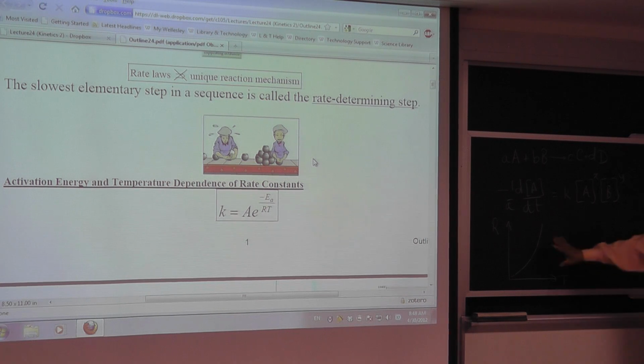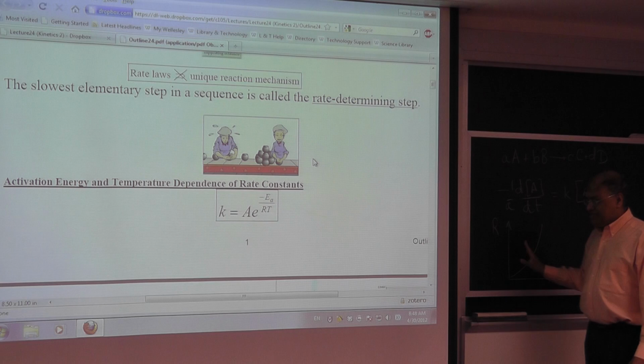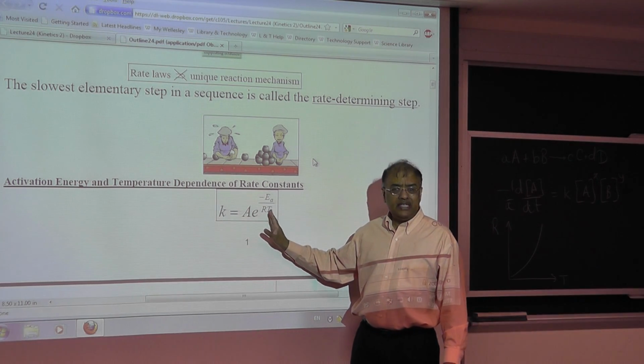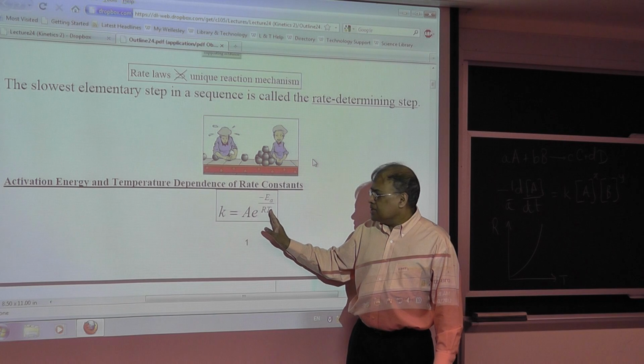So this is what you find typically for a reaction. And one of my students today is going to be talking about a case where this is not what you find. Okay? But the equation that describes this behavior is called the Arrhenius equation.